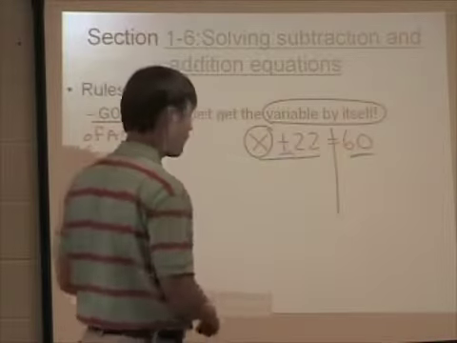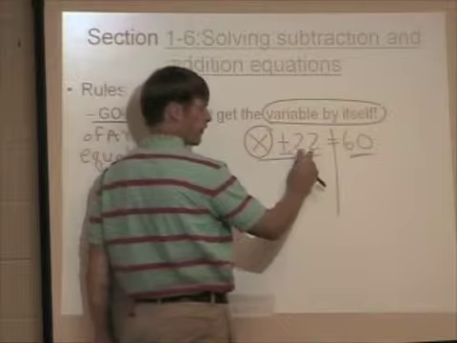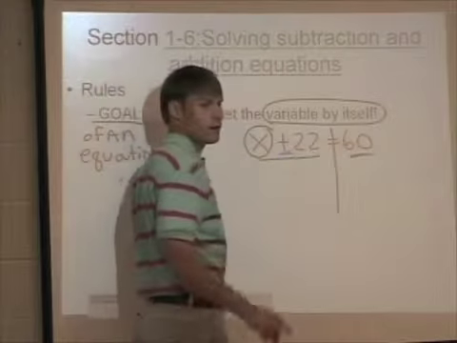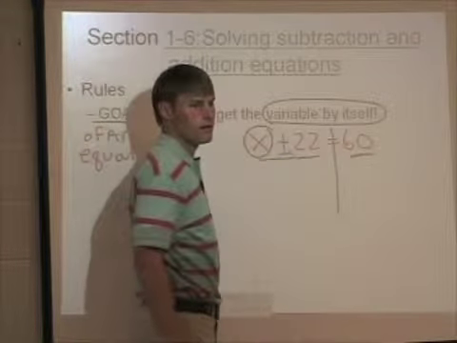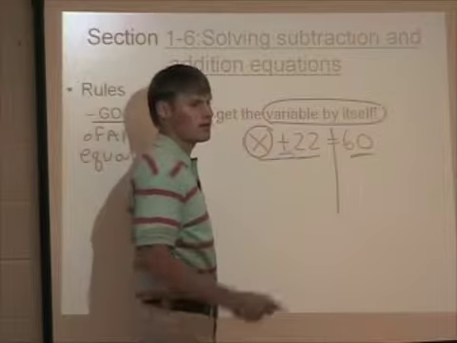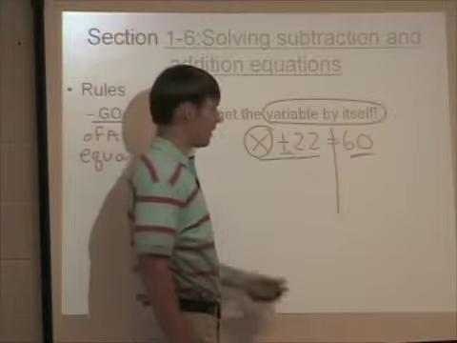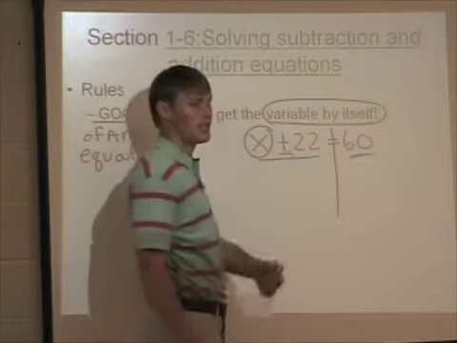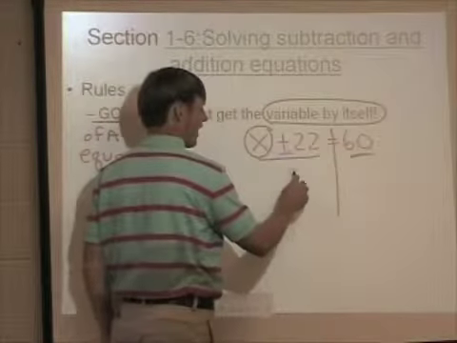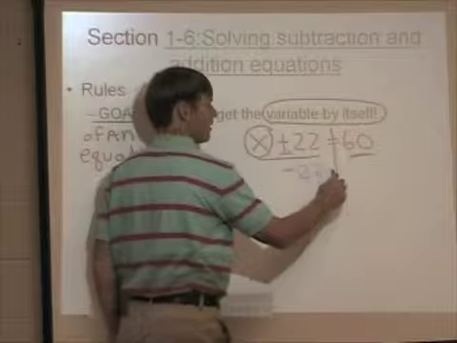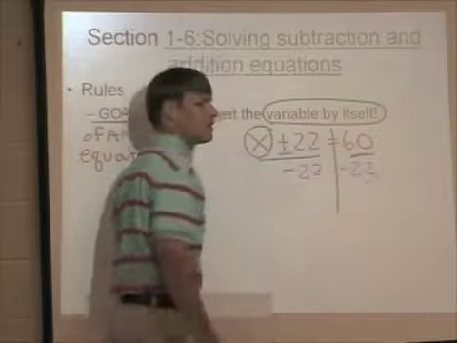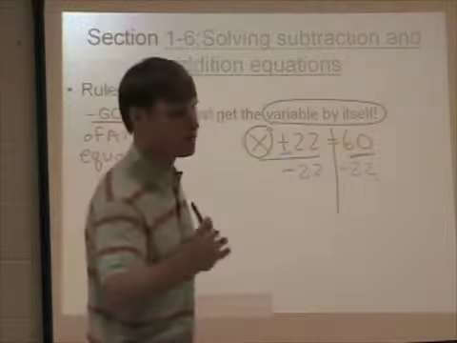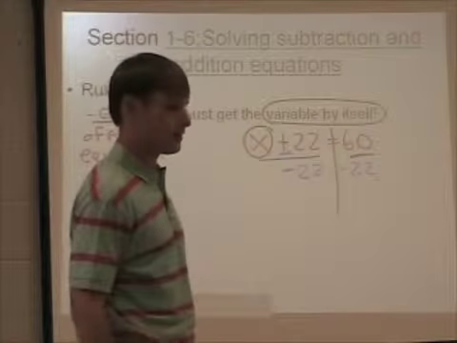Now, how do I move 22 from here to there? Tell me. Well, that's close. Tell me, Brownie. Well, you already added. You do the opposite operation. Good, she got it. You subtract 22 on both sides. Say it. Subtract 22 on both sides.